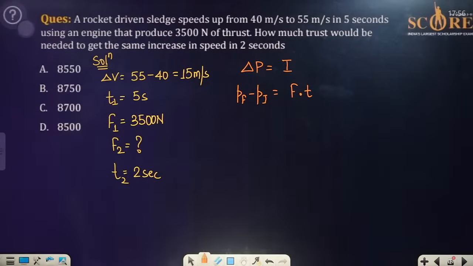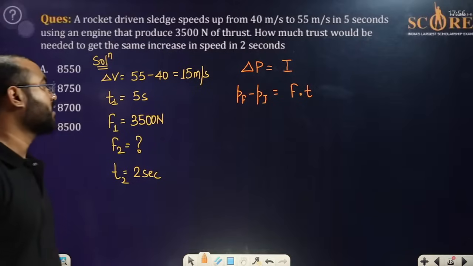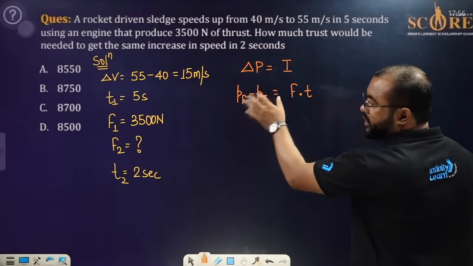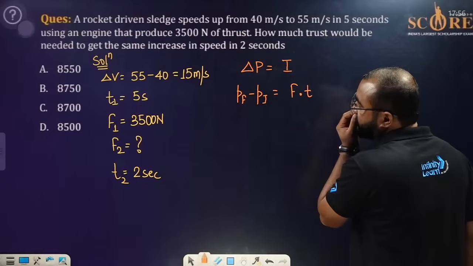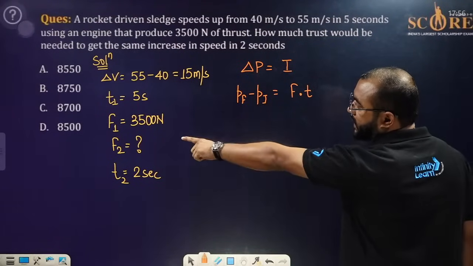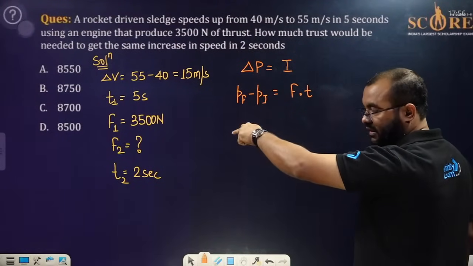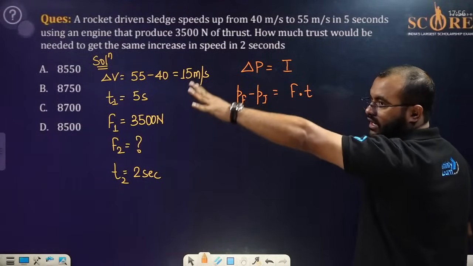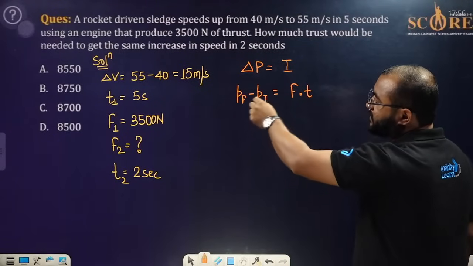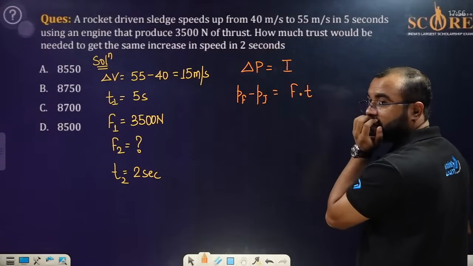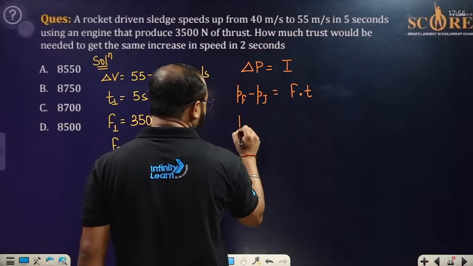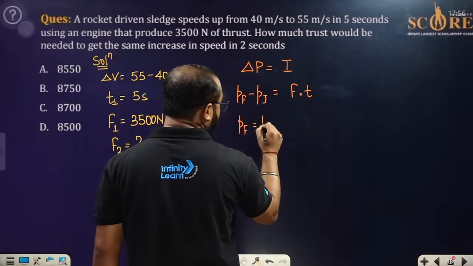In this case, we have to take the same speed, that means the velocity is the same. If the velocity is the same, the mass is also the same because it is not given anywhere. That means the final momentum will equal the initial momentum.